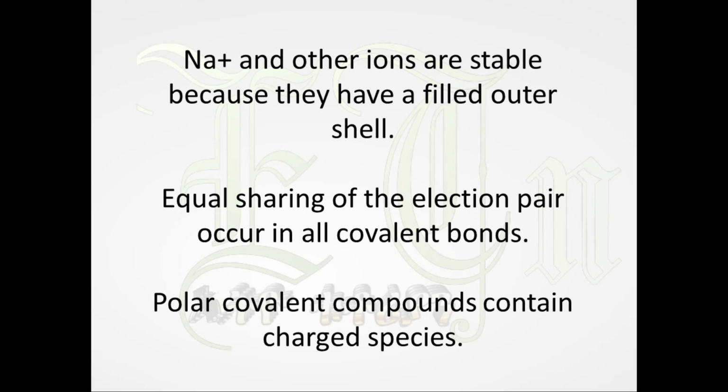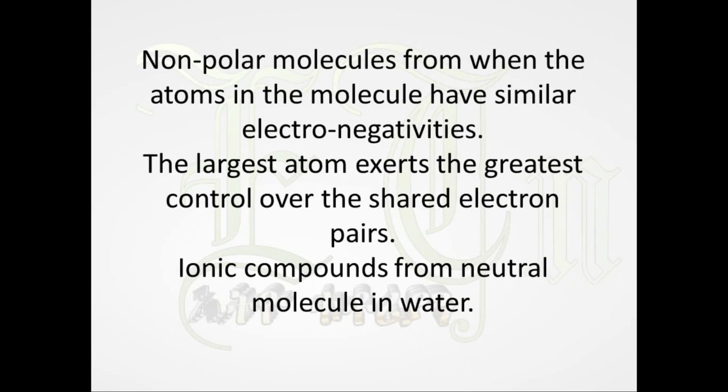Equal sharing of the electron pair occurs in all covalent bonds. Polar covalent compounds contain charged species. Non-polar molecules form when the atoms in the molecule have similar electronegativities. The largest atom exerts the greatest control over the shared electron pairs.